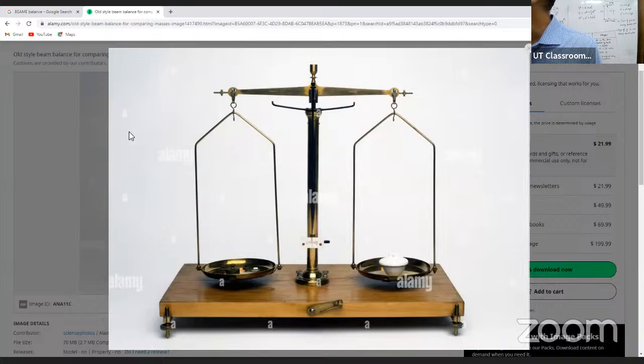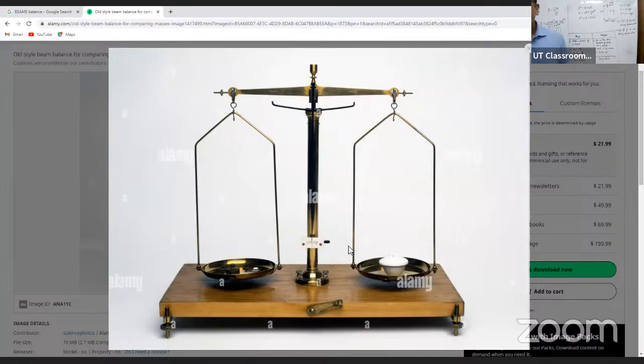Then it is perfectly balanced. So here the unit you get is kg because that's the mass, whereas in the spring balance you get force. Yes, slotted weights are there.